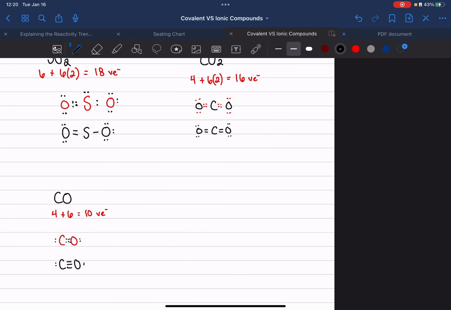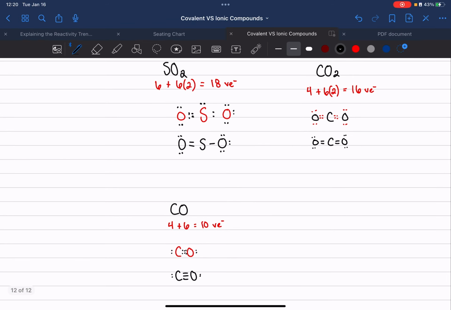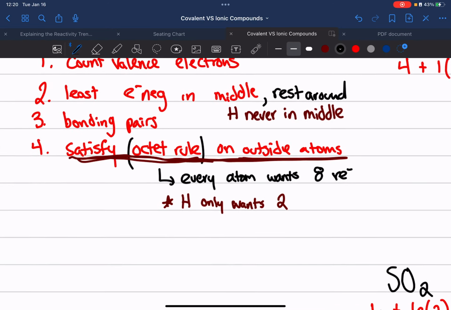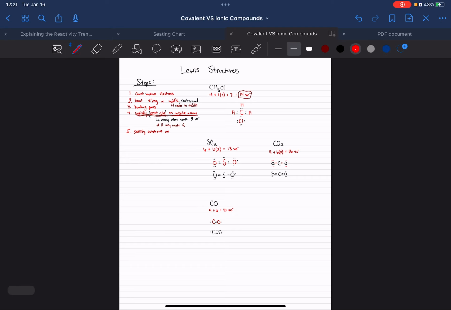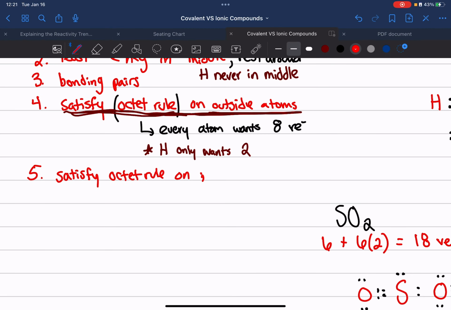Now the thing about these double bonds and these triple bonds, you only want to do them when they're absolutely necessary. Let's come back to our steps and add in step 5. We can say step 5 is satisfy the octet rule on the middle atom, if you have electrons to do that.